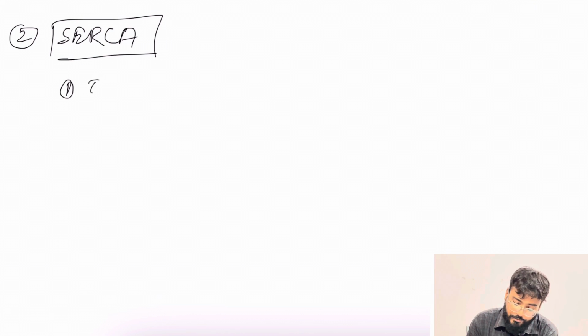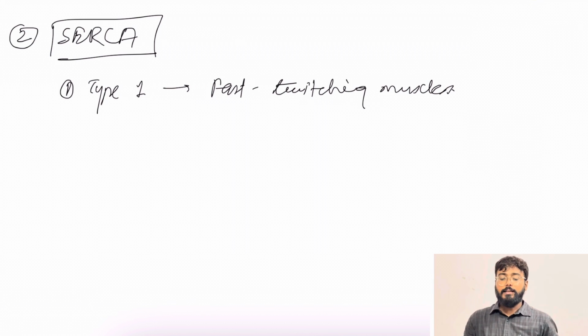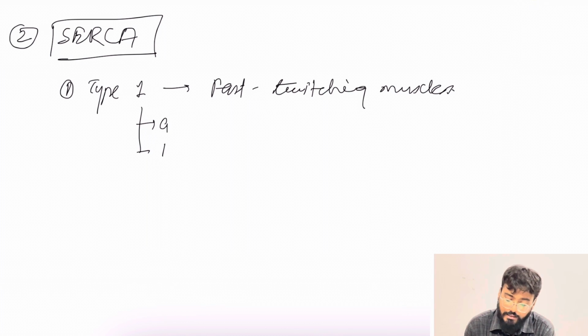Type 1 is mainly present in your fast twitching muscles. There are 2 subtypes, subtype A and subtype B. Type 1A is present in adults, and type 1B is present in neonates.